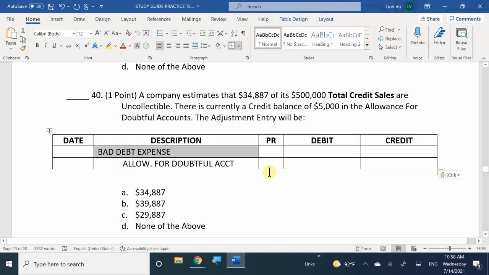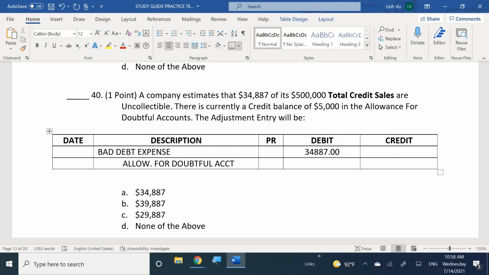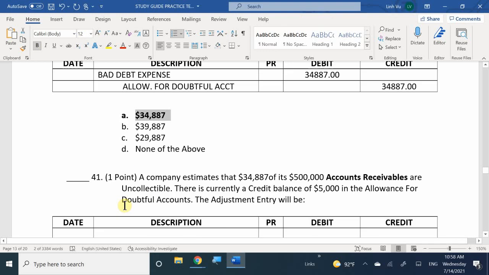That is correct because in this case we recognize the keyword total credit sales. So we don't care about the balance in the allowance for doubtful accounts. We only care about the total estimated amount, which is 34,887. So A is the correct answer.